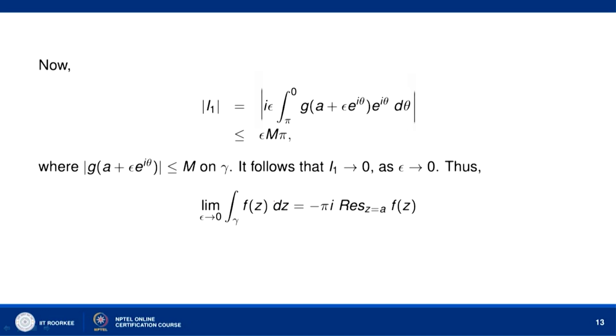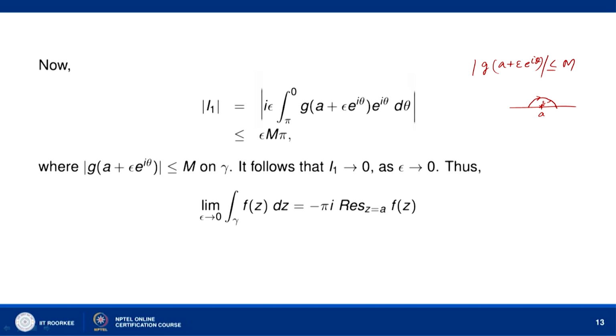Now, g(z) is an analytic function in some neighborhood of a. Therefore, the integral from pi to 0 of g(a plus epsilon e^(i theta)) d theta can be evaluated by Cauchy inequality: mod of g(a plus epsilon e^(i theta)) is less than or equal to M. You see, we have a semicircle whose radius is epsilon. Epsilon is very small, and g(z) is analytic at z equal to a.